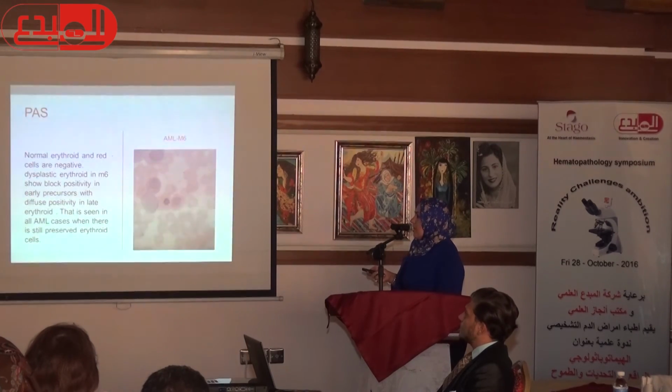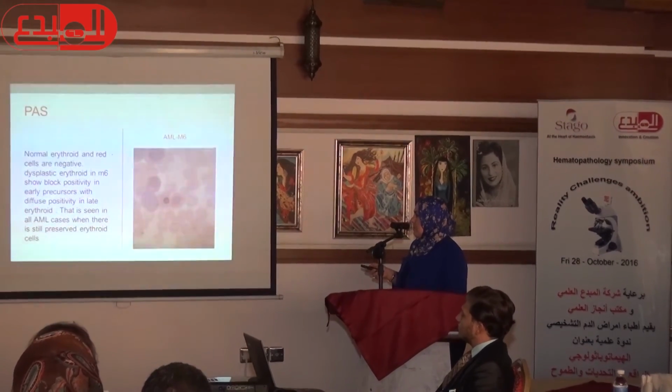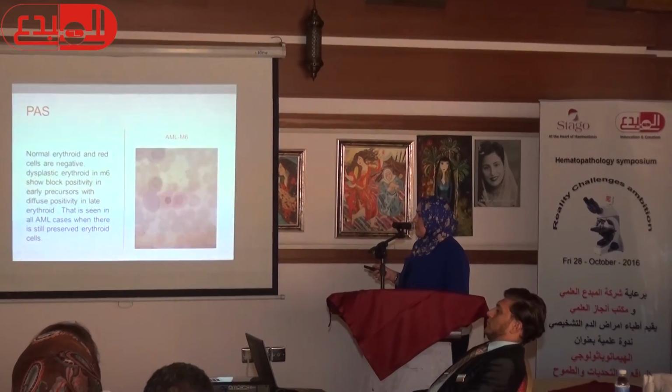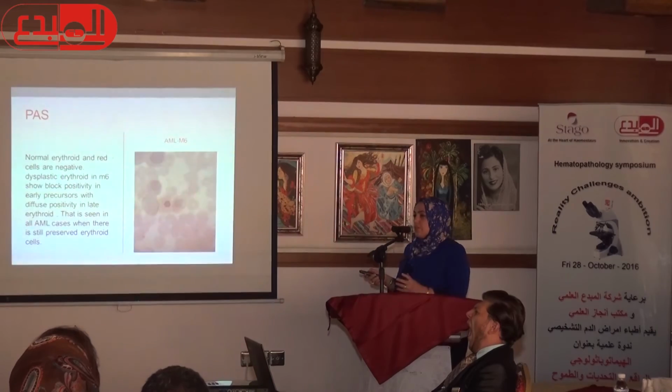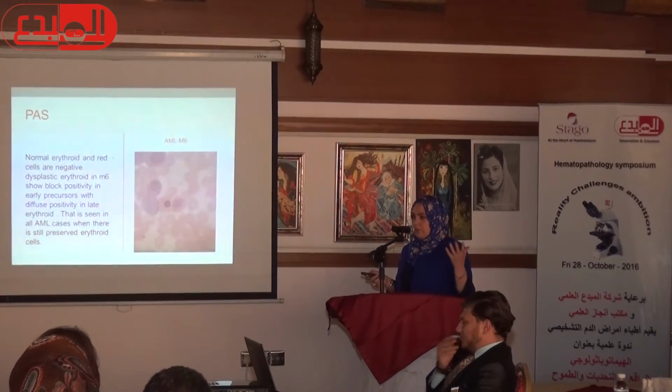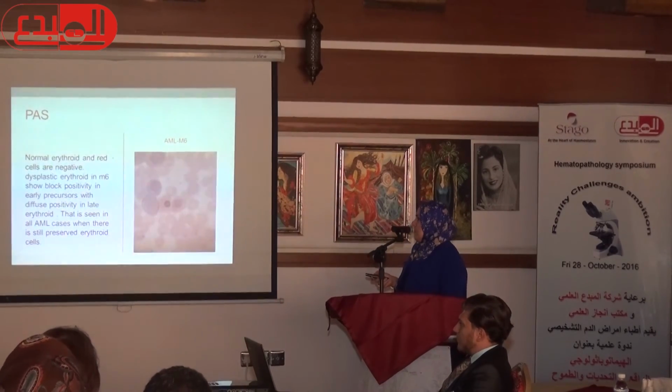As we say, normal erythroid and red cells are negative for PAS. But in M6, the abnormal erythroid cells show diffuse background positivity in late erythroid, and block positivity in the pro-erythroblast and the early erythroid. That is actually seen in all cases of AML.